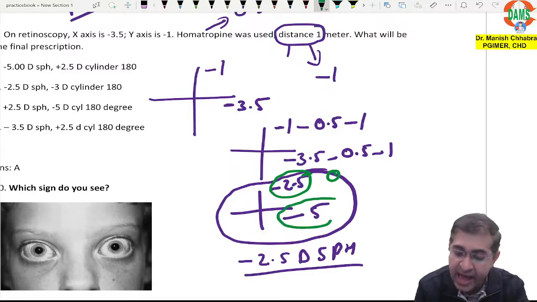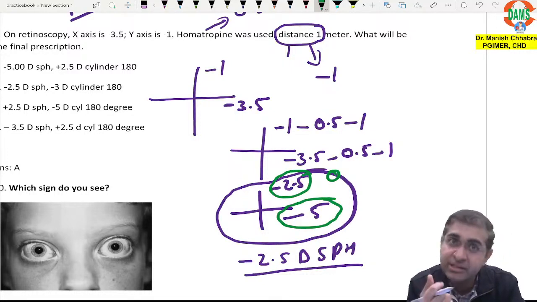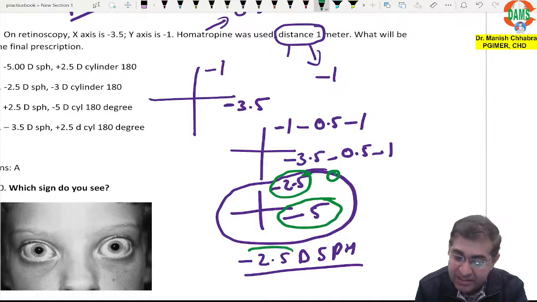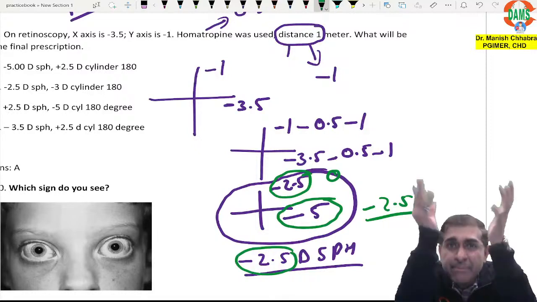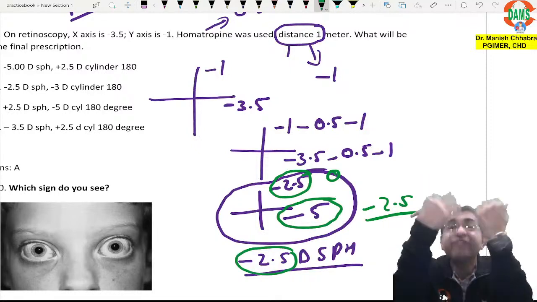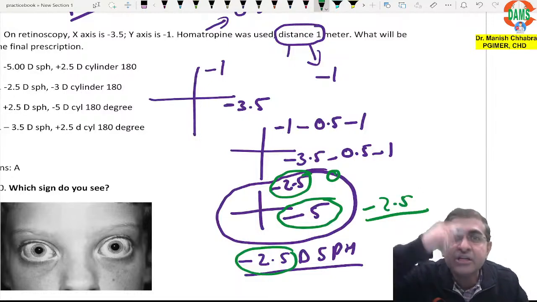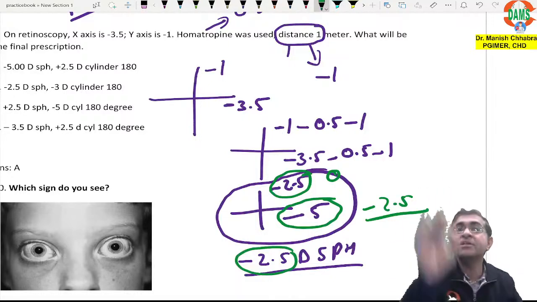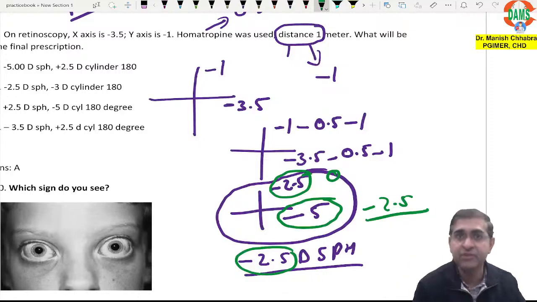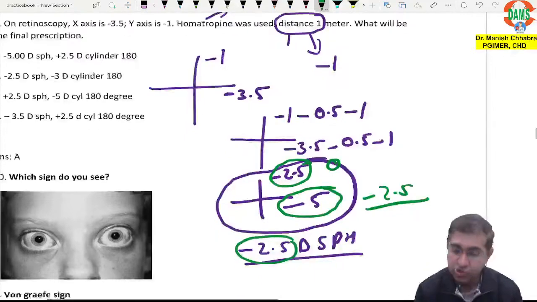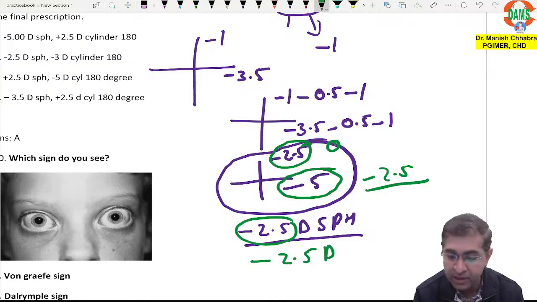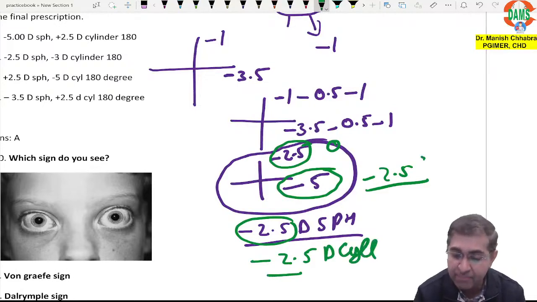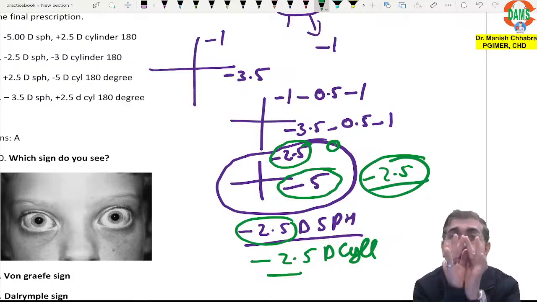At x-axis I require a power of -5, but in the form of sphere I have compensated for -2.5 at x-axis. Now the remaining power which is left behind after prescribing the sphere is -2.5 at x-axis, isn't it? So I am going to give -2.5 diopter cylinder, because this extra -2.5 I require only at x-axis.